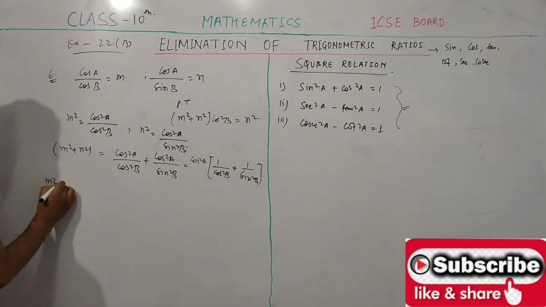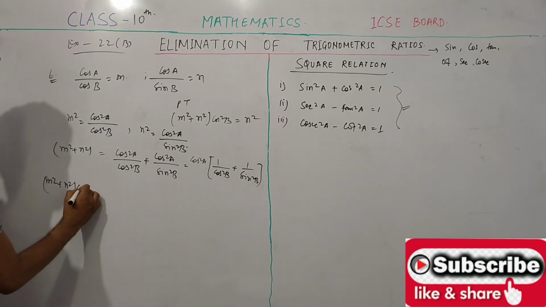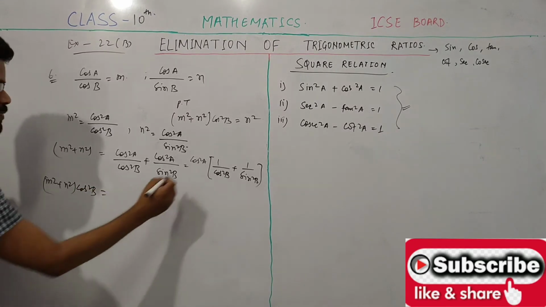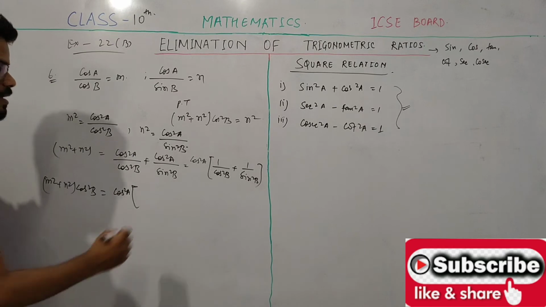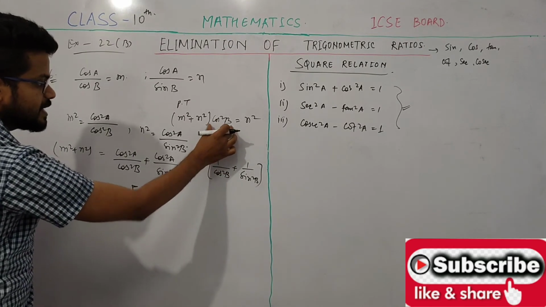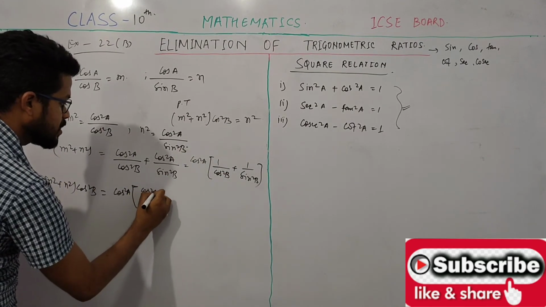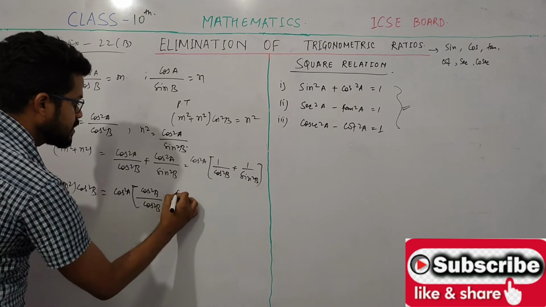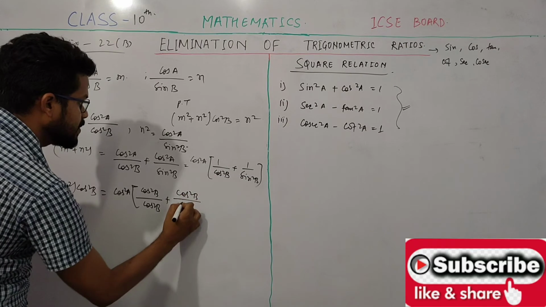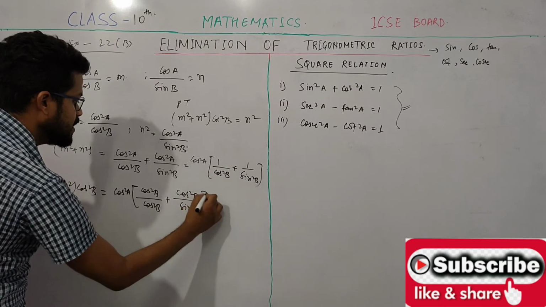So m square plus n square into cos square b is equal to, multiplying cos square a by this, cos square b upon cos square b plus cos square b upon sin square b.